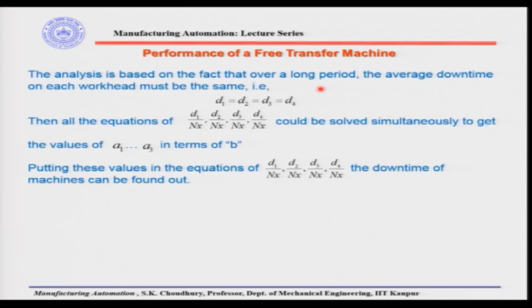Now, the analysis is based on the fact that over a long period of time, the average downtime on each workhead must be the same, because they will be equalizing. So, therefore, d1 is equal to d2, the downtime for machine number 1 is equal to the downtime for machine number 2, machine number 3 and 4 and so on. Therefore, all these 4 equations can be simultaneously solved to find the values of A1, A2, A3, A4.